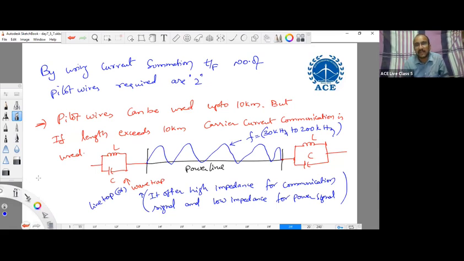Even if you inject power transmission and the high frequency communication signal on the same line, there will not be any interference problem, because the bandwidth is maintained very large. Understood my point?